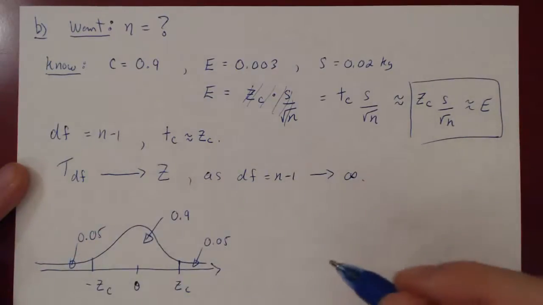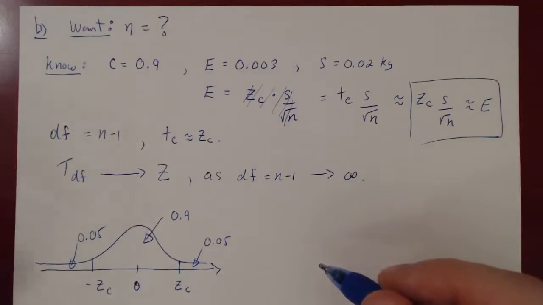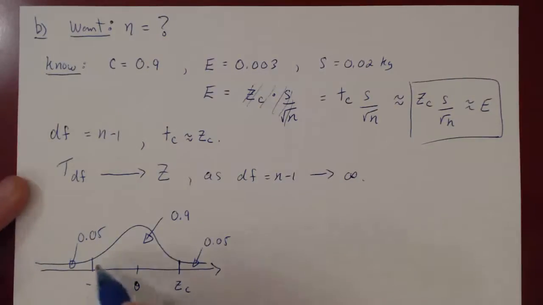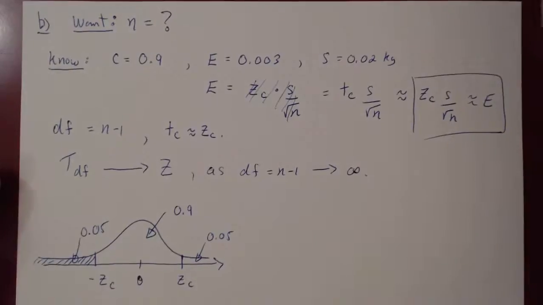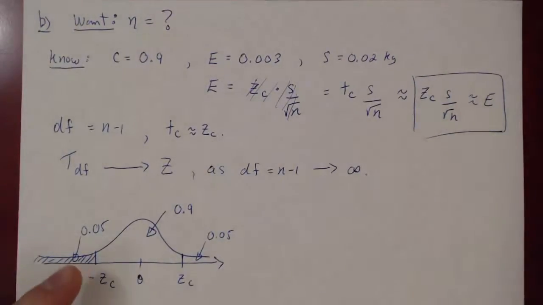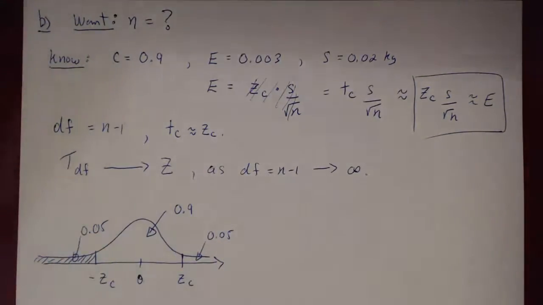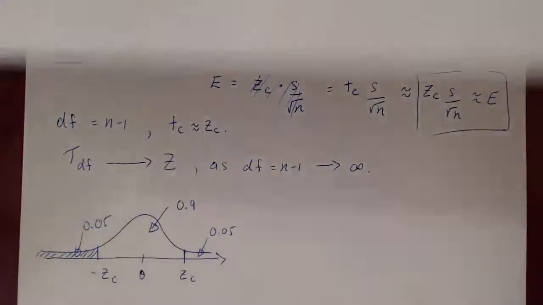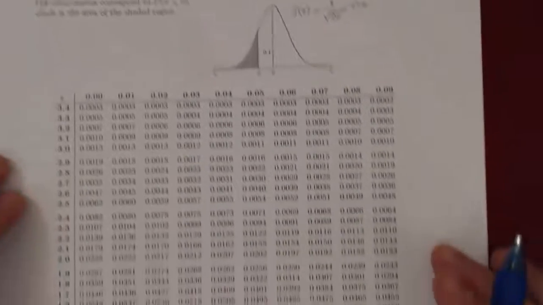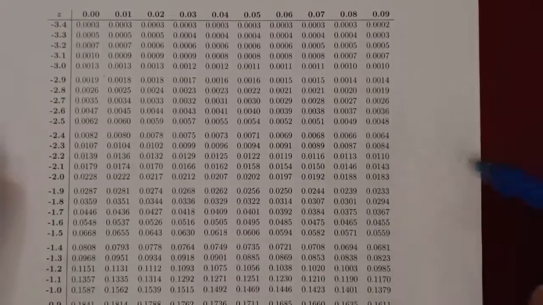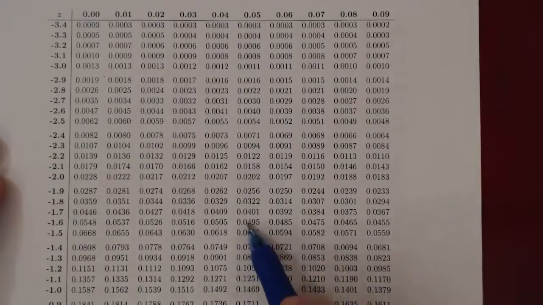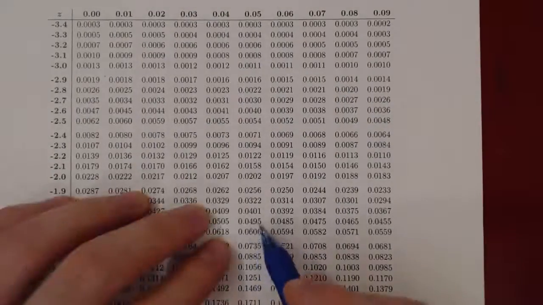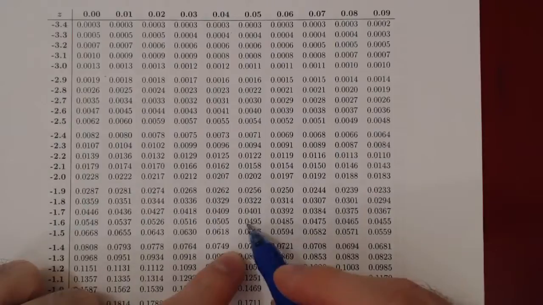And now we can use our table for the normal distribution. Let's find negative ZC because the area below negative ZC, the negative of the z-score, is 5%. So we're going to hunt down in our probability table the closest value to 0.05. So let's see. If you look right here, the probability is 0.0495.